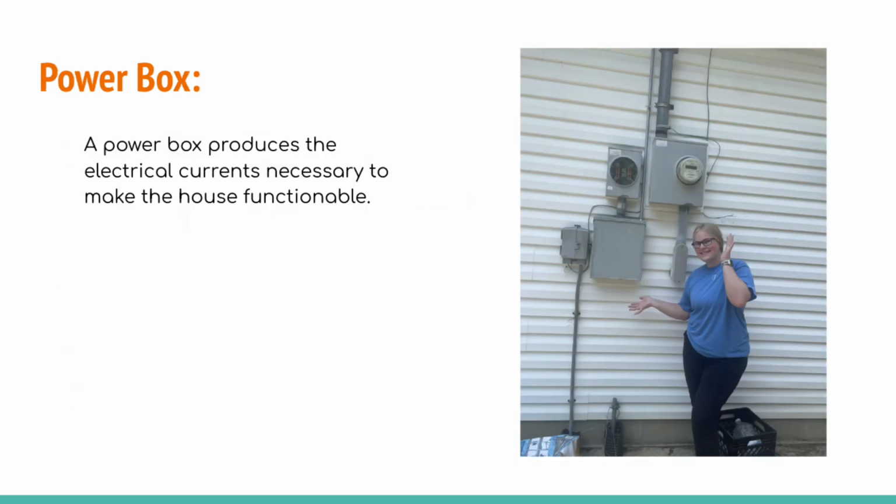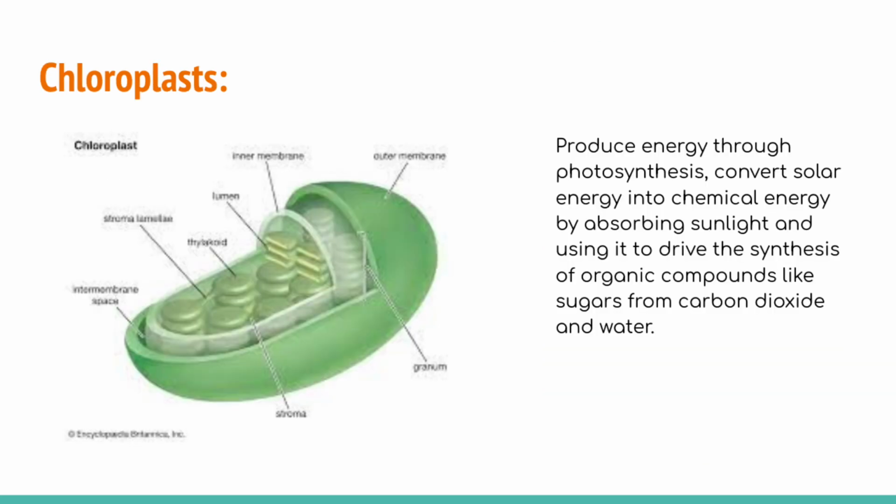A power box, which is similar to the mitochondria because it produces the electrical currents necessary to make the house functionable. Just like the mitochondria produces the energy from generating ATP, the power box produces energy by using the electrical currents.